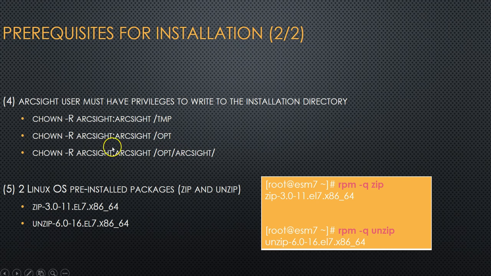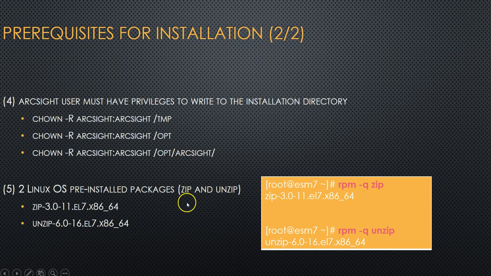We need to make sure the ArcSight account has the privilege to read and write there. So the whole ownership we will allocate to the ArcSight non-root account, and also the /tmp directory, because part of the installation goes through this directory.